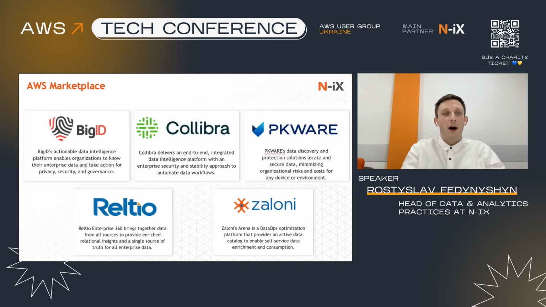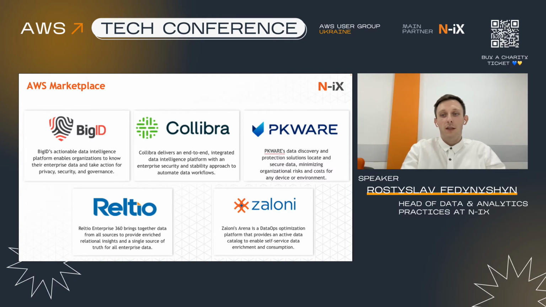And talking about already prepared solutions, which we can buy on AWS Marketplace. Firstly, it's BigID. BigID Cloud is designed to deploy at scale on the cloud, while enabling organizations to leverage the latest features and apps without disruption or overload.